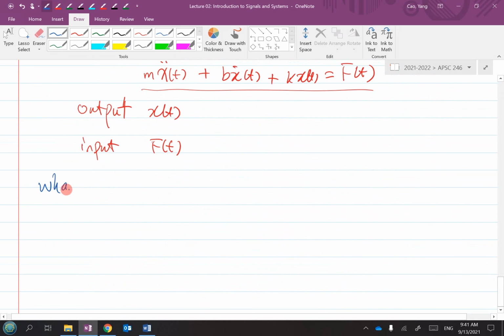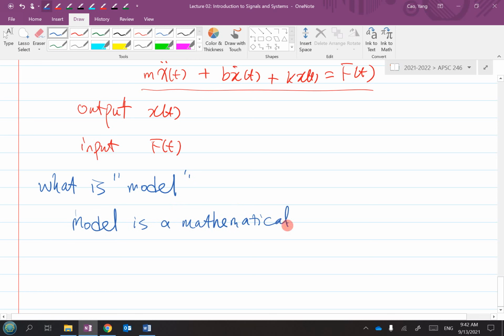So the next question is, you will probably also hear the word model. Sometimes you hear the key buzzword model or a model of the system. To put it simply, it's a mathematical equation.